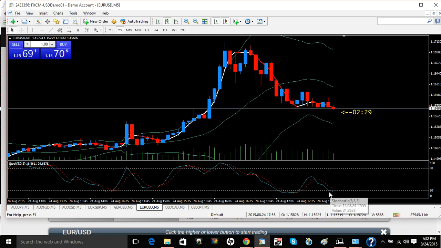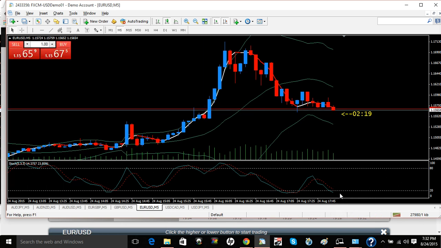And your stochastic is trying to shoot down below 20, which is okay, but when you see a period where it's been down below 20 for a little bit, it's going to start to shoot back up and your direction line changes, then you know it's time to place a trade in the upwards direction. So Euro USD right now does not have anything worth trading.